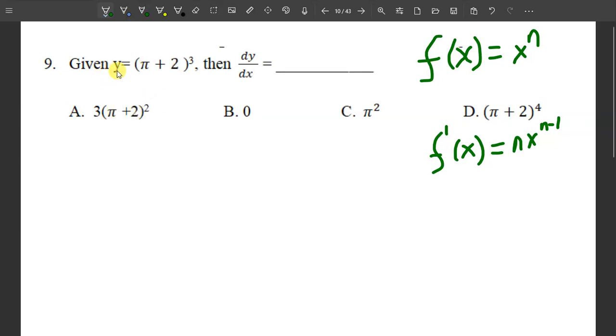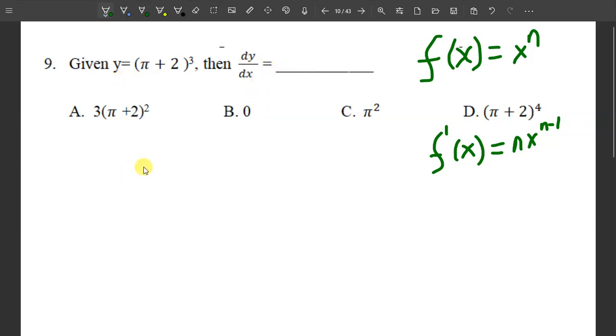As you can see, y is independent of x here. There is no x here. Then y is a constant number. Since the derivative of any constant number is simply 0, dy by dx must be 0.